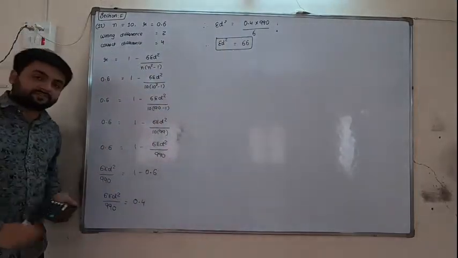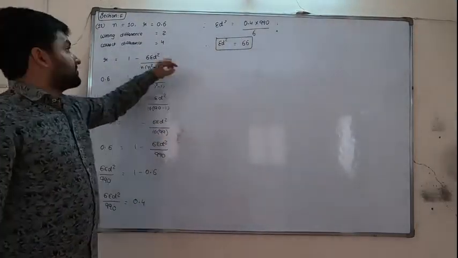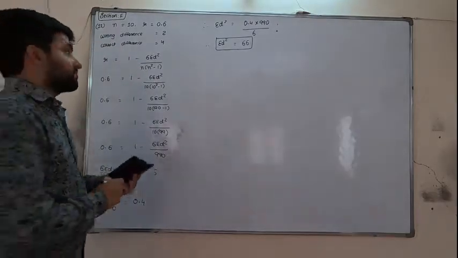As we have found sigma d square, now as this d is in square, the wrong and correct differences will also be taken in square.